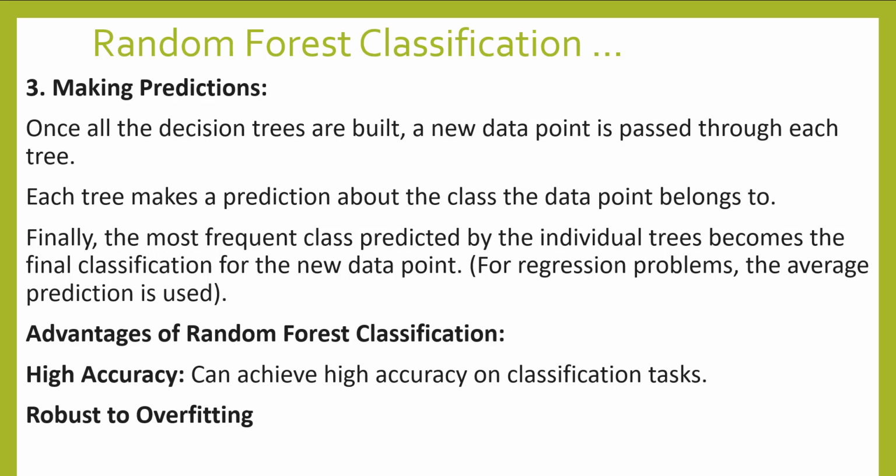Then handles missing data. They can effectively deal with missing data points in the training dataset. Feature importance. The algorithm provides insights into the importance of different features in the classification process.